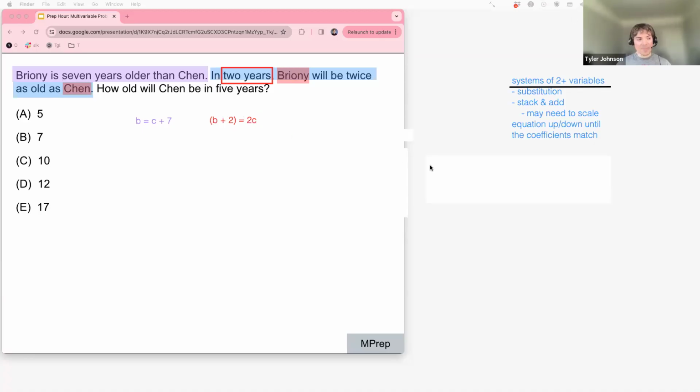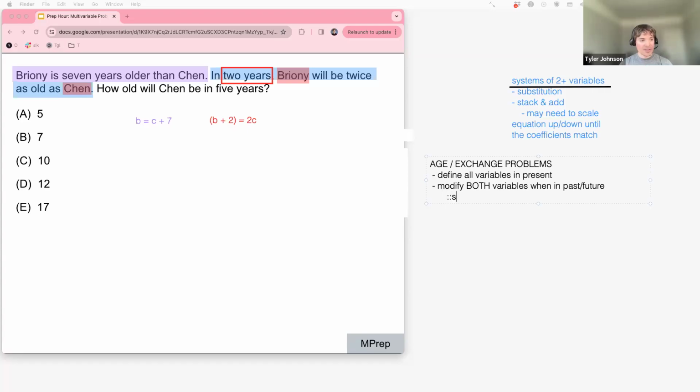So here's my advice. When it comes to these age or exchange problems, the variables that you're assigning, so B by itself, C by itself, those represent the values in the present. When you move to the past or future, you have to modify all the variables involved in the problem.